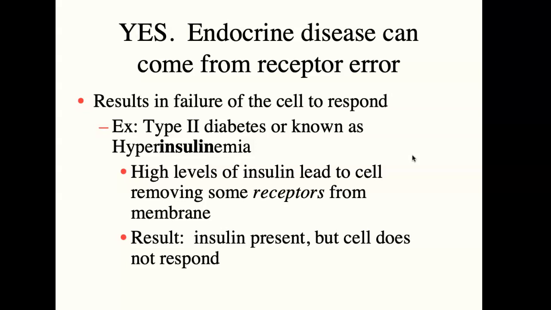And these high levels of insulin lead to the cell removing some receptors from the membrane. So if there's too much insulin, then the cell seemingly wants to not be affected by that much insulin, and it removes those receptors. So the result of that is you might have insulin released by the pancreas and circulating around, but the cell doesn't respond. And the cell doesn't respond because those receptors are malfunctioning, sorry.